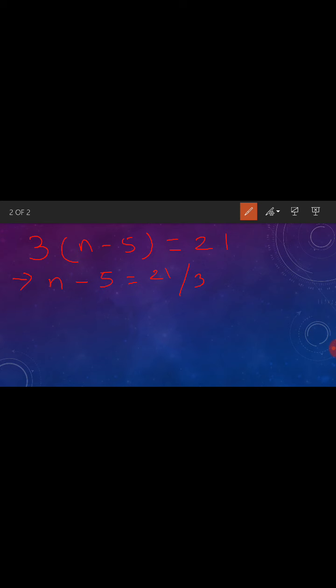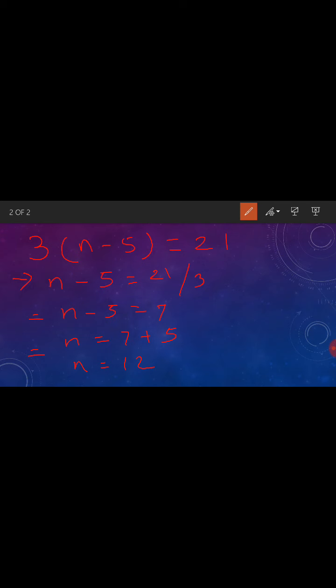So what you got? What is your next step? n minus 5 equals to, so 21 divided by 3, the answer is 7. Now 5 will be transposed to that side. Minus 5, when it will go that side, it will become plus 5. So n equals to 7 plus 5. So what you got? n equals to 12.